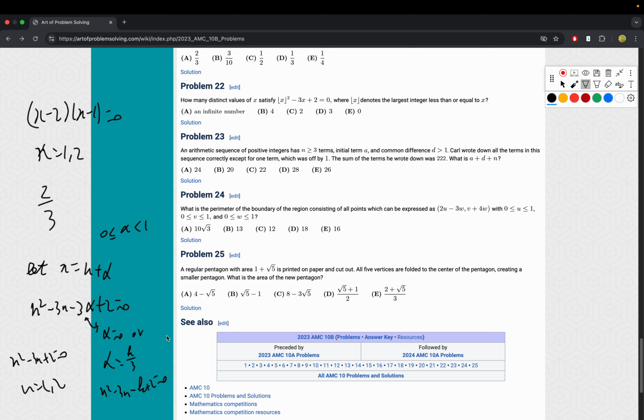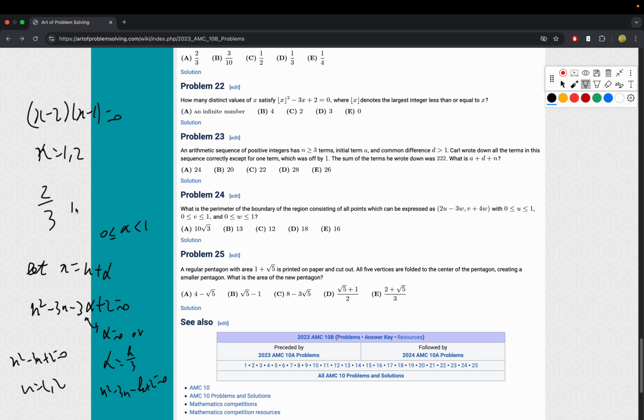Now, I think when k equals 2, x is 0 or 3.